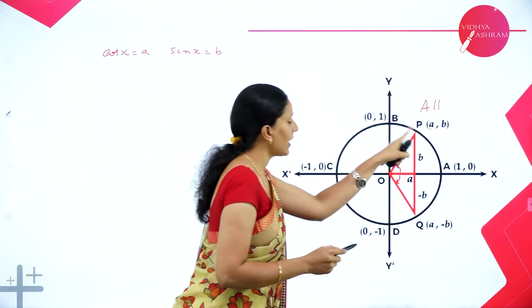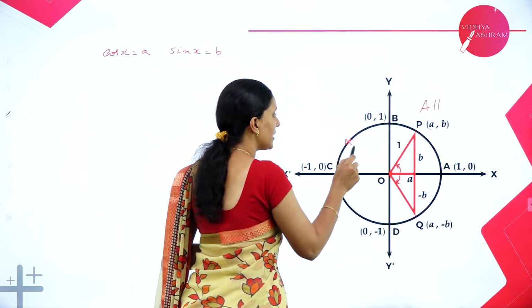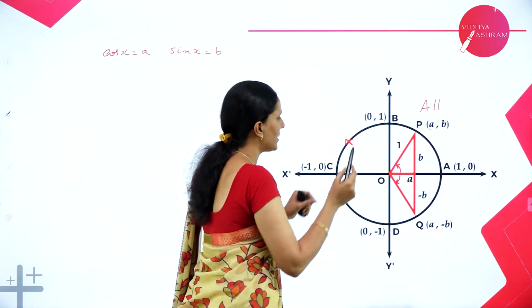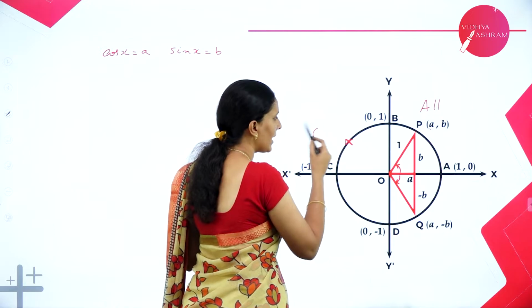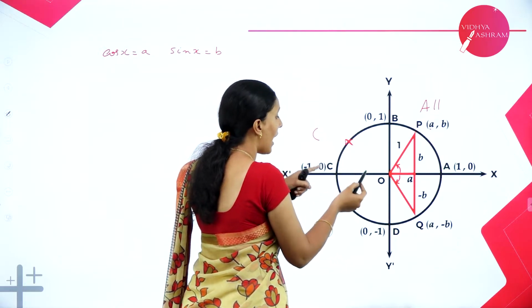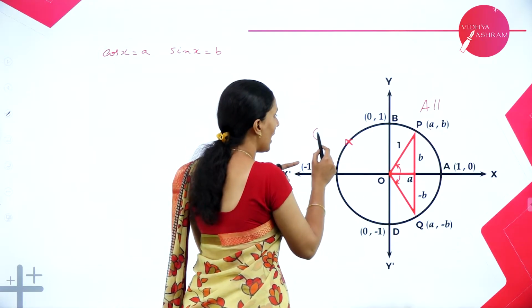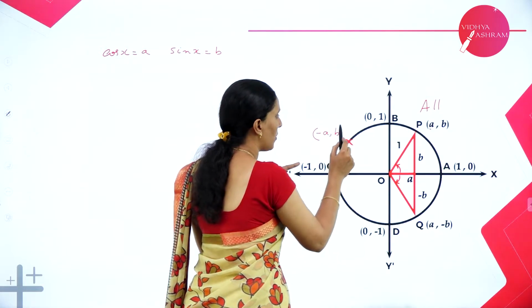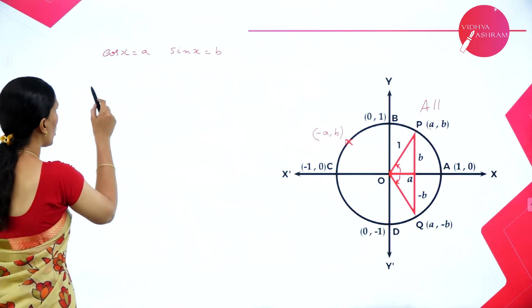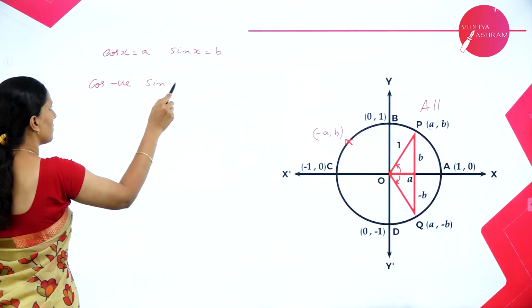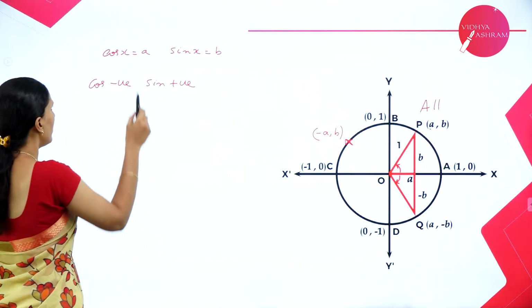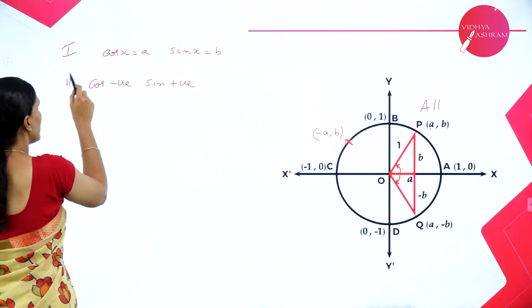Suppose I take the same point on the second quadrant. Let me take this as any angle. However A is defined here, we can clearly say in the second quadrant, A is negative, B is positive. That means cos is negative and sin is positive. So this is the first quadrant, and this is the second quadrant.